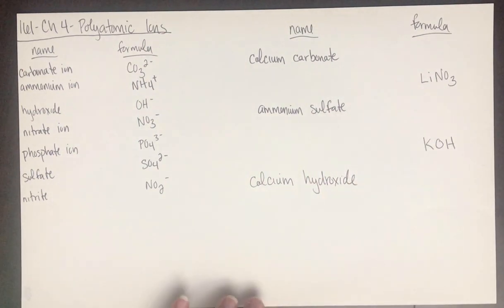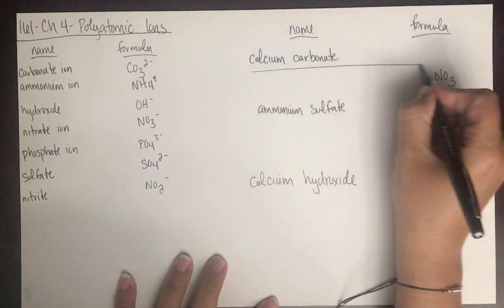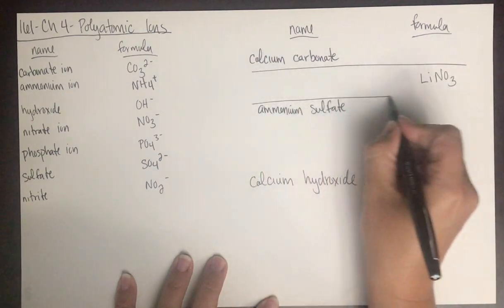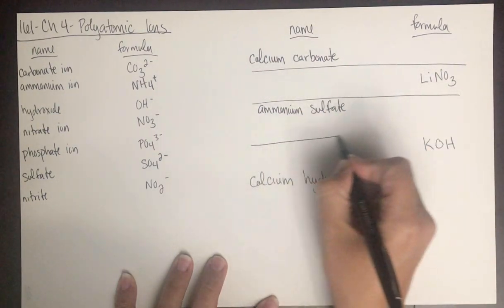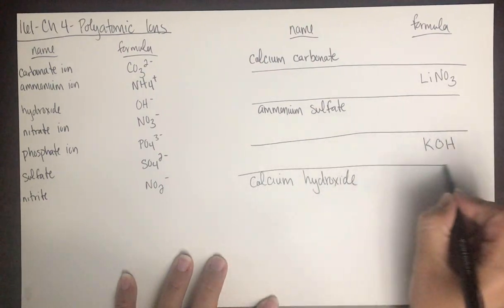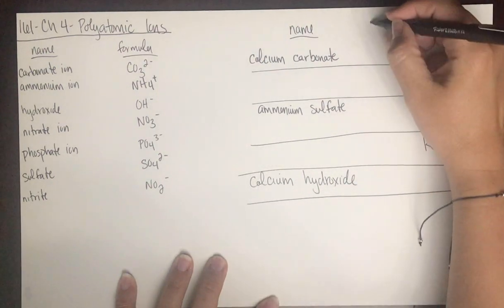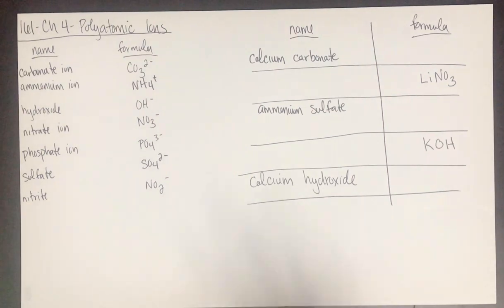And then maybe one more, calcium hydroxide. Okay, so for each of these, you're given one and you're going to do the other. So calcium carbonate. All right. So calcium we know is +2 based on where it is on the periodic table.